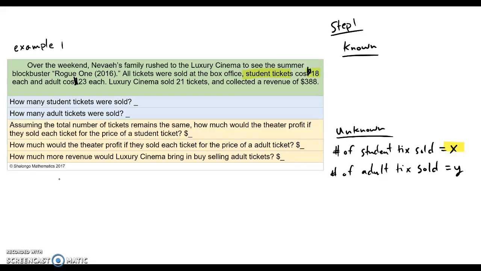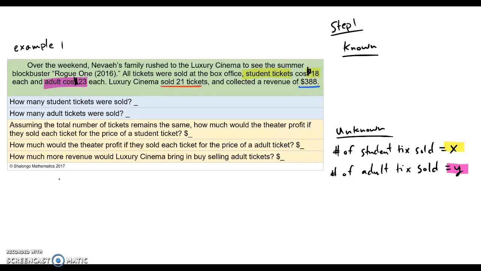And adult tickets cost $23 each. Luxury Cinema sold 21 tickets. And collected a revenue of $388.